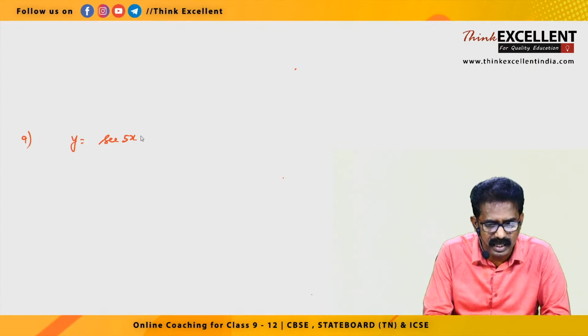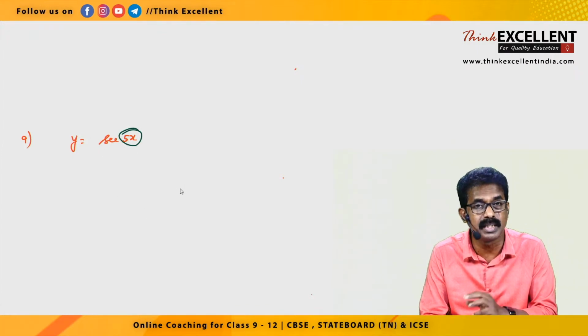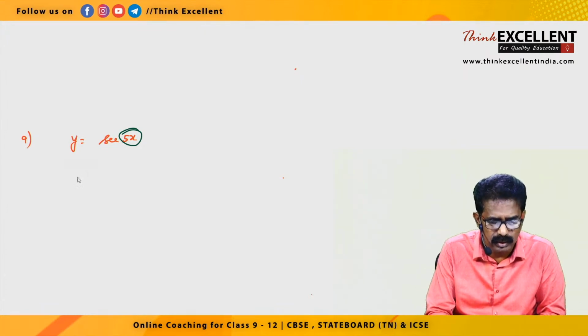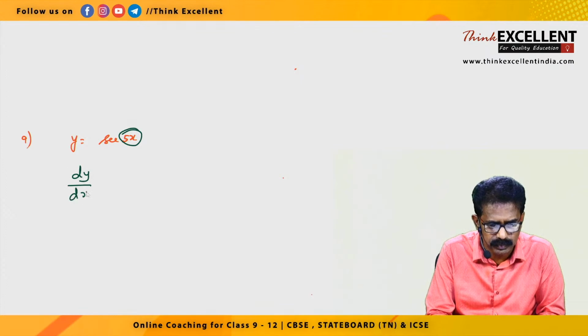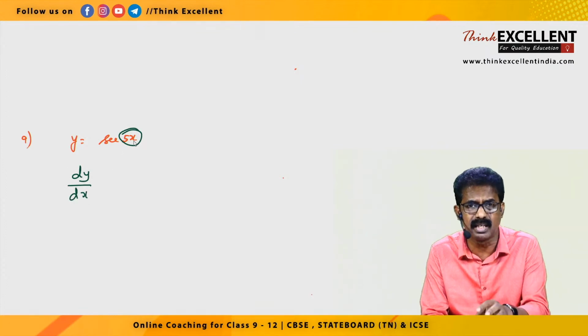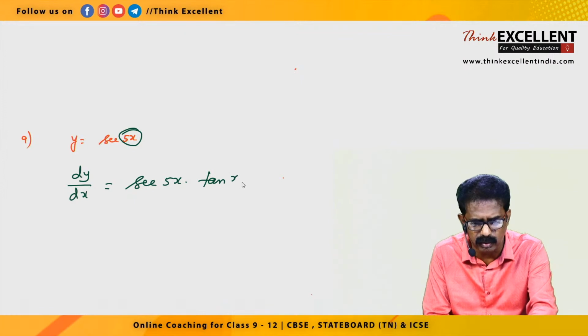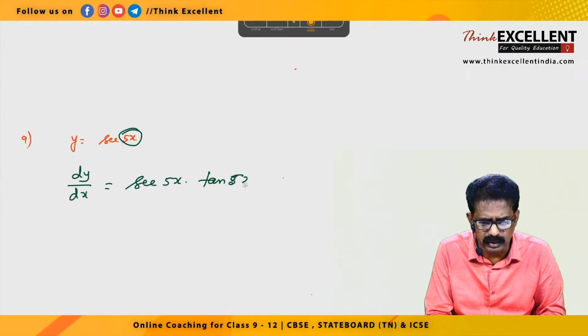So, this is secant x type, right? Secant x. Upper secant x derivative, secant x into tan x, right? So, dy by dx is secant of 5x, okay, that we'll see later. Secant x derivative, secant x tan x. Hope you understood. Instead of x we have 5x, okay? So, secant x tan x.